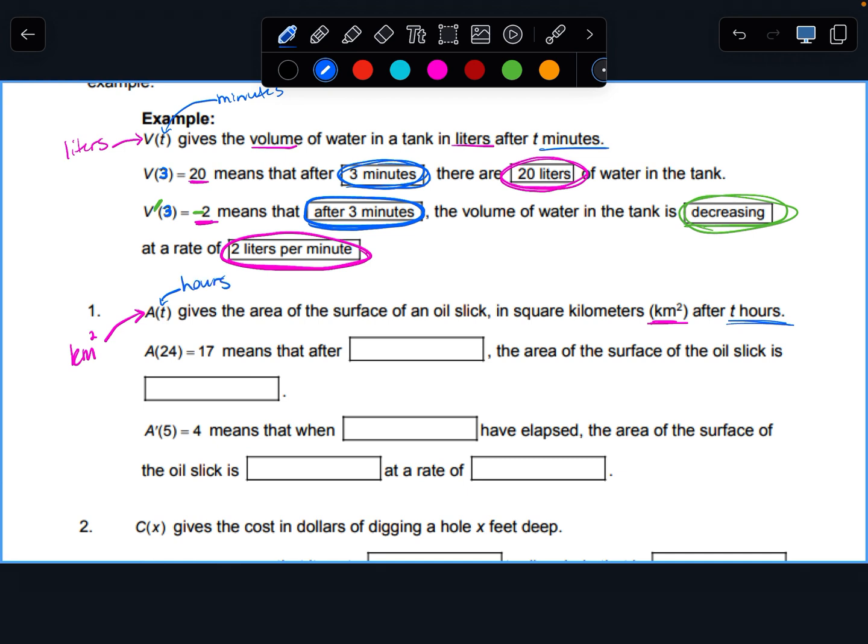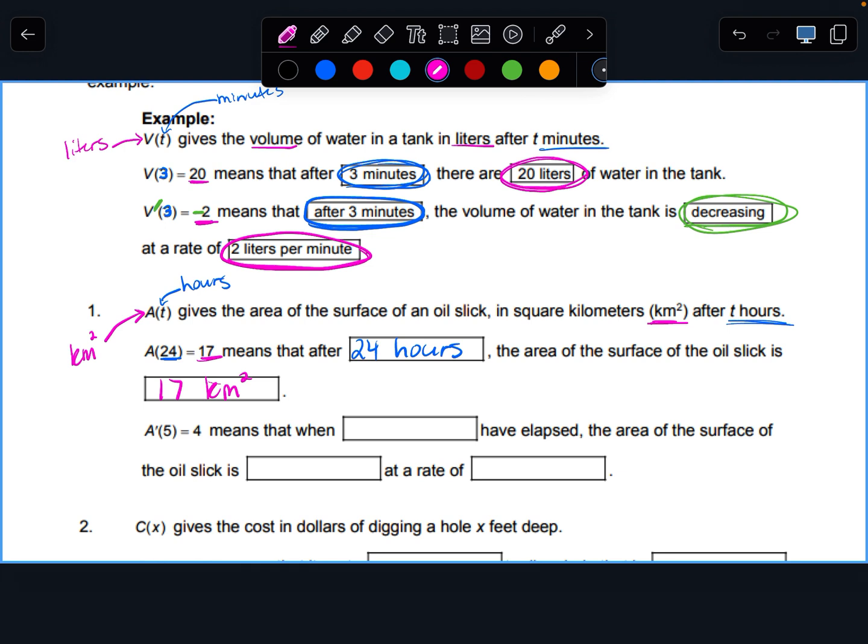That's just like reading through the question. Now when I'm writing out the stuff, A of 24, that's 24 hours, right? So it means after 24 hours, the area of the surface of the oil slick is 17, because that's the number, and then you look at the units, square kilometers.